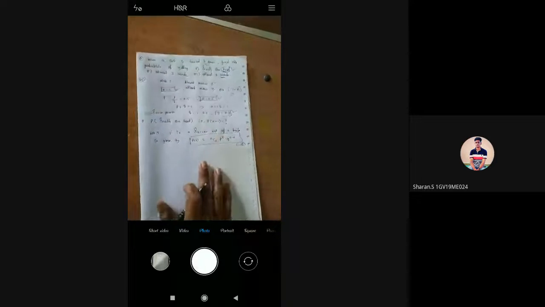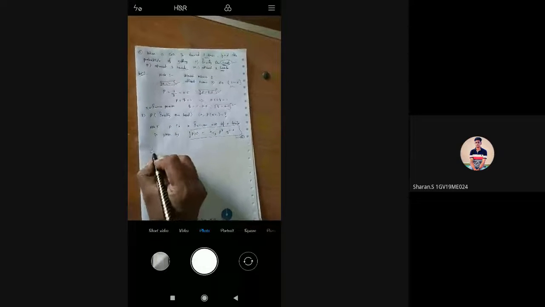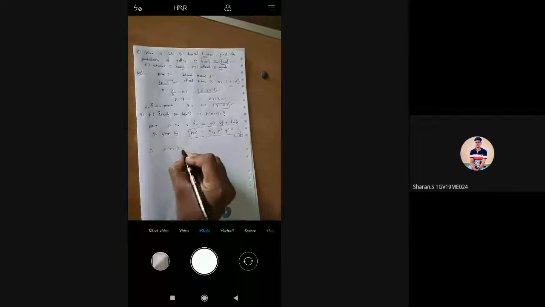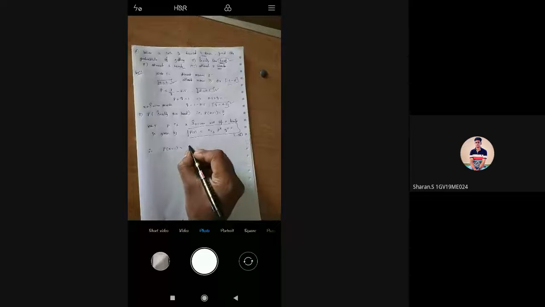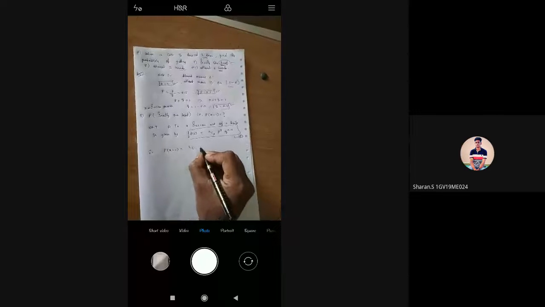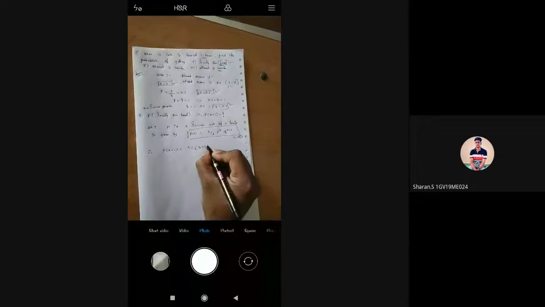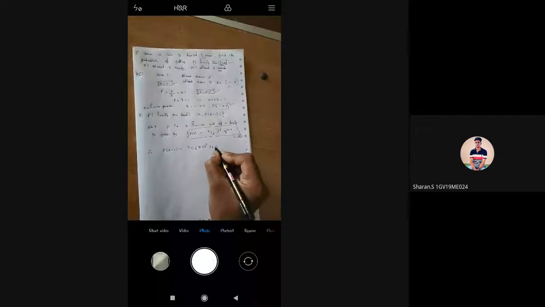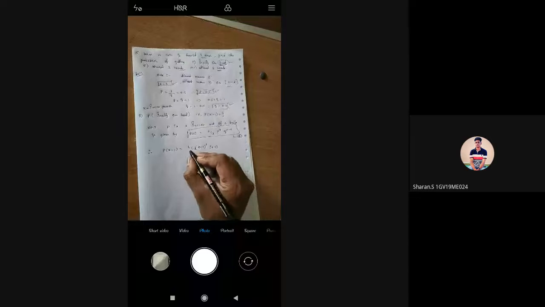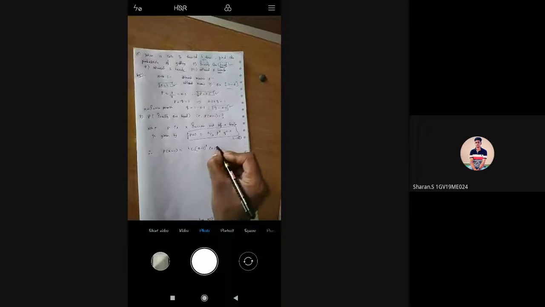Therefore, P of X is equal to 1 is equal to 4C1, P is 0.5 power 1, then Q is 0.5 power 4 minus 1, that is n minus X, which is 3. Therefore, when you substitute this, we get like this.